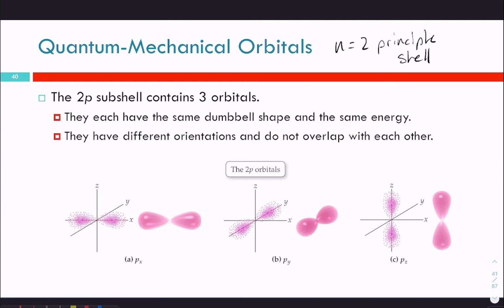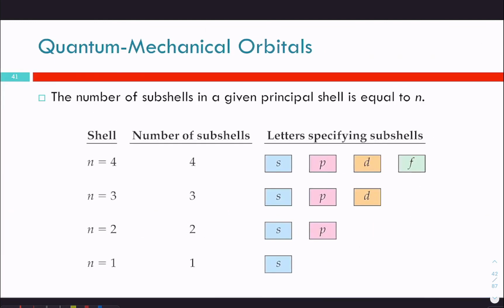Those each exist on a different axis and represent where the electron could be if it's in that orbital. So it's all the same shape, but just different orientations. And these all came out of somebody doing a bunch of math and figuring out these shapes, which I think is wild.